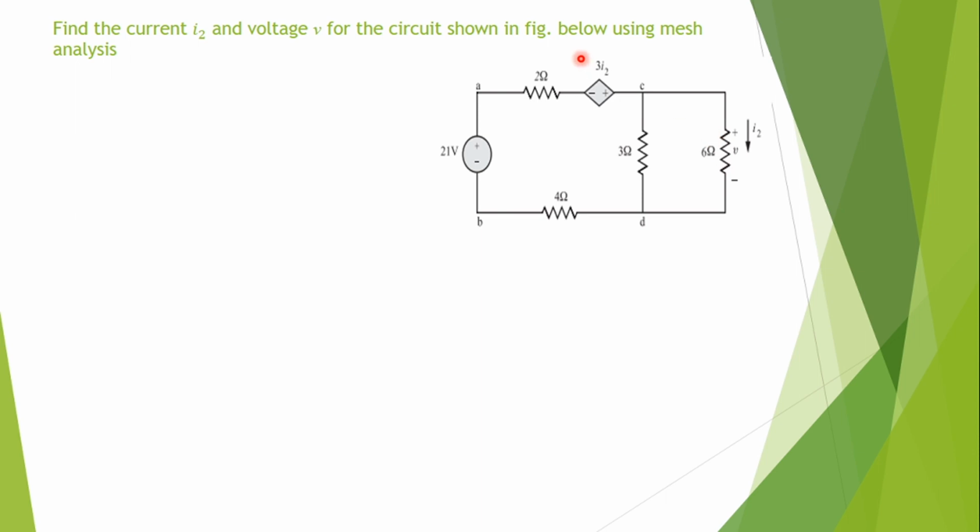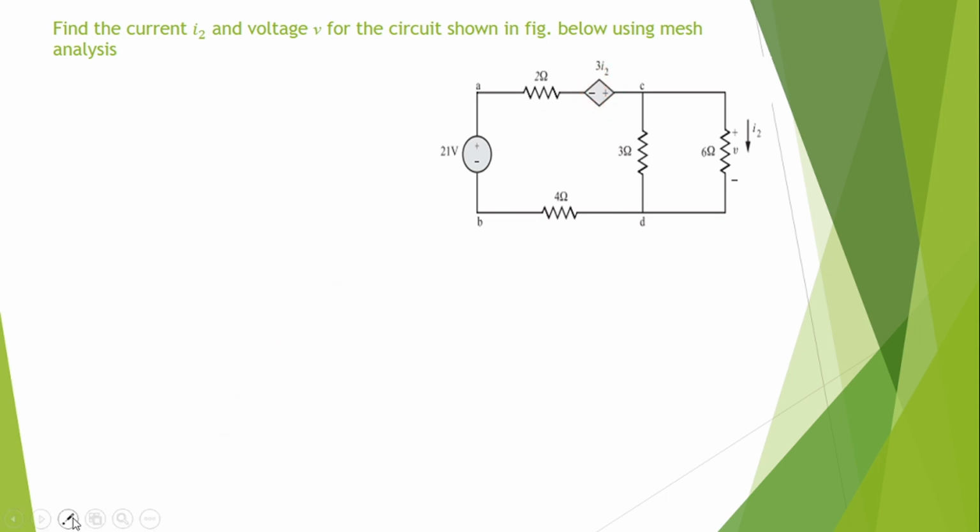But in the network there exists a dependent voltage source. So how do we apply mesh current analysis to this circuit and solve it?